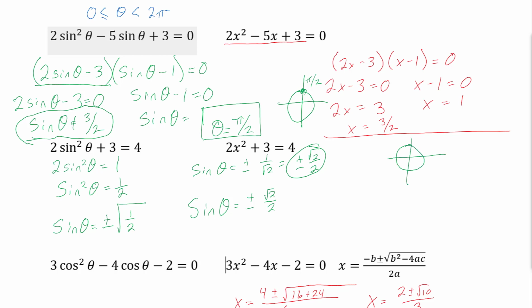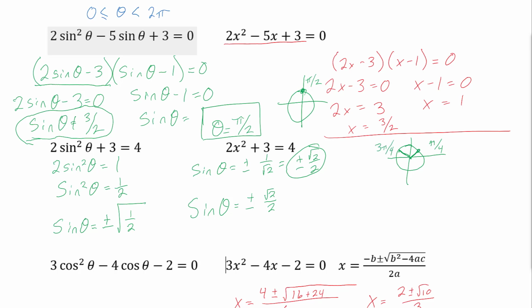Again, sine theta is our y value. And that's going to happen at, it'll be positive square root of 2 over 2 at pi over 4, as well as at 3 pi over 4.